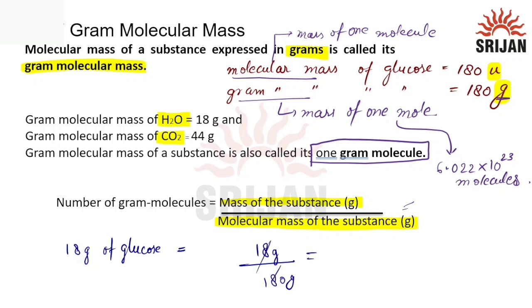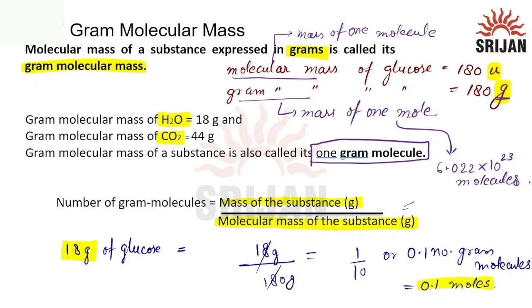Then I will have 1 upon 10, or 0.1 gram molecules. This number of gram molecules is also known as moles. Therefore, I can also say 0.1 moles of glucose. So, 18 gram of glucose contains 0.1 moles of glucose.